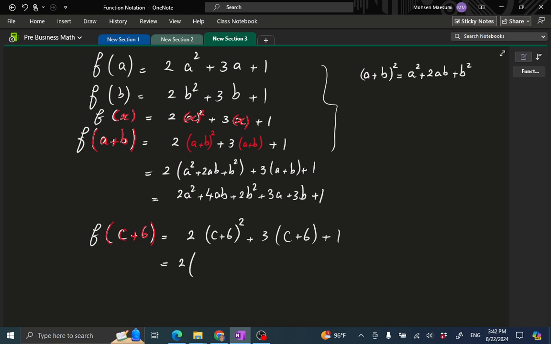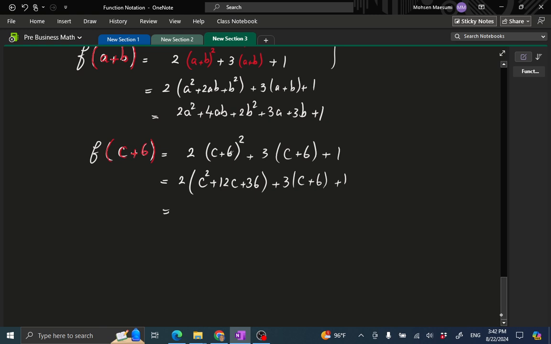Then I can open this thing as before. What is c plus 6 squared? Well, it's c squared, twice the first and second, just like what we learned here. So that is 12c, and 6 squared is 36. And then the other one, 3 times c plus 6, plus 1. And we maybe clean up: 2c squared, 24c, 72, 3c, say 18, and 1.